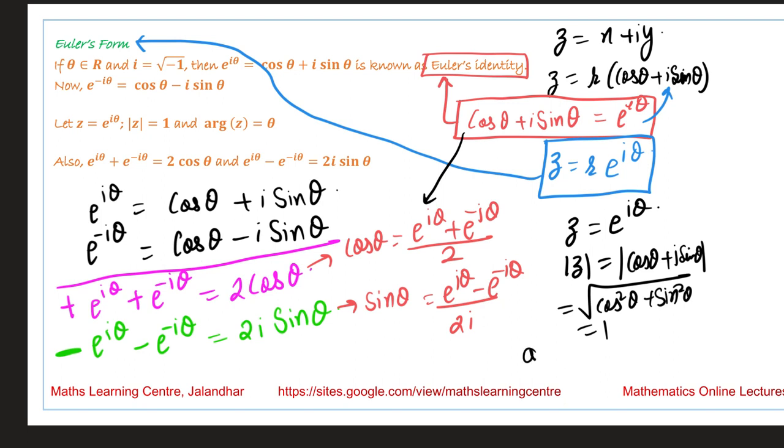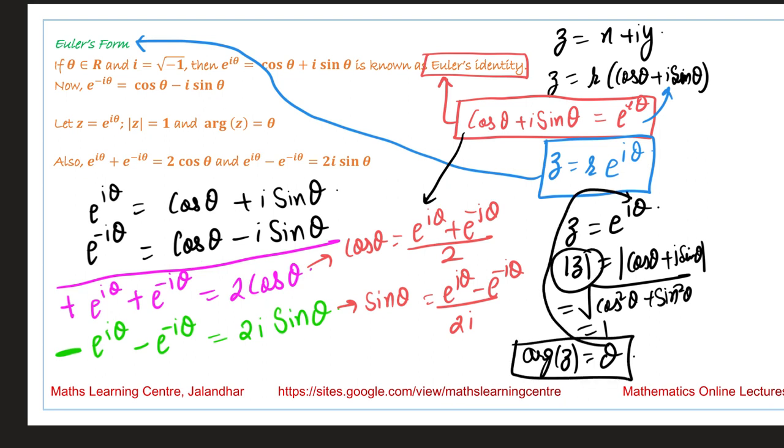The argument of z is θ, and the mod of z in this case is equal to 1.